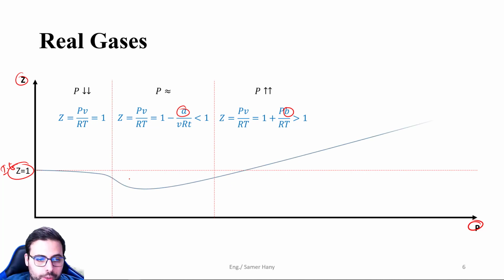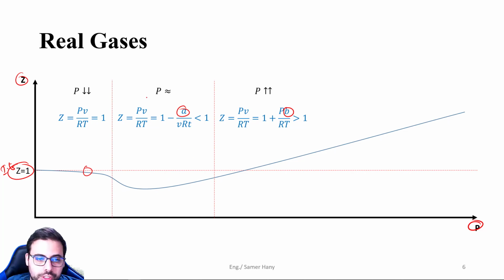Okay, so in the very low pressure region, we'll find that the behavior of the real gas is almost asymptotic to the ideal gas. It's very close. We can get results close to the actual values using the ideal gas law, which is very convenient because we can calculate it much more easily than using any of the real gas models.